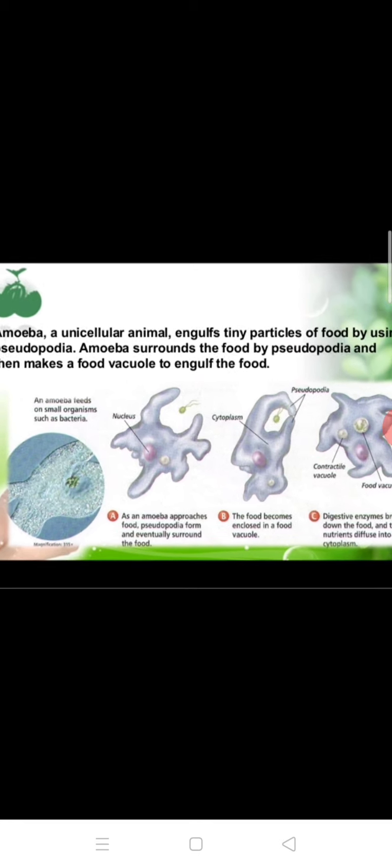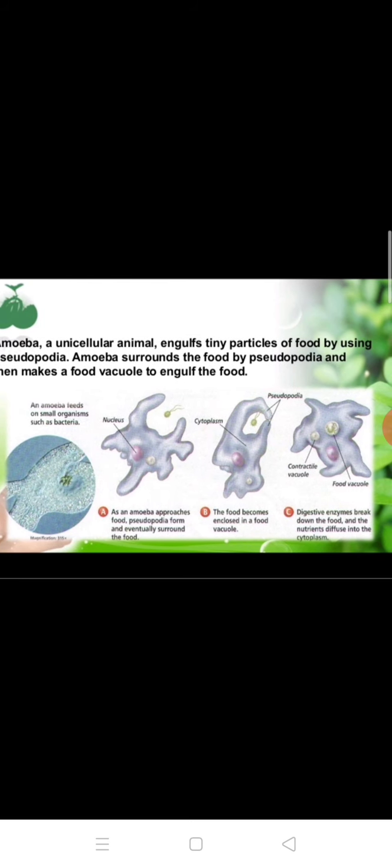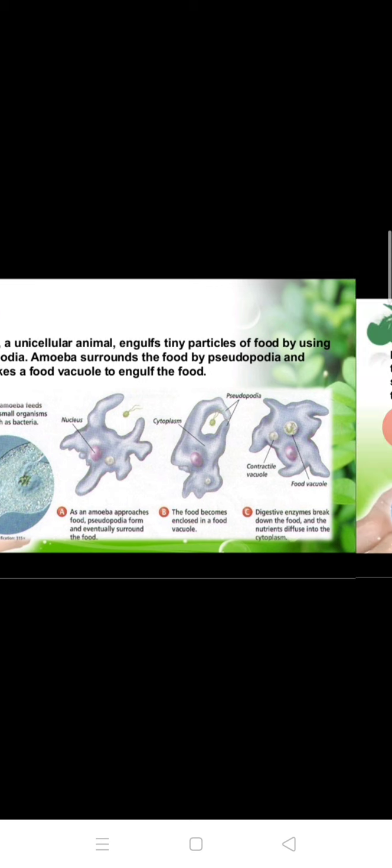To explain this well, I will post a small video, and you will watch it. Then it will become clear how an amoeba approaches food and pseudopodia form and eventually surround the food, and after enclosing the food, the vacuole forms and the nutrients diffuse into the cytoplasm. So this is the mode of nutrition in amoeba.